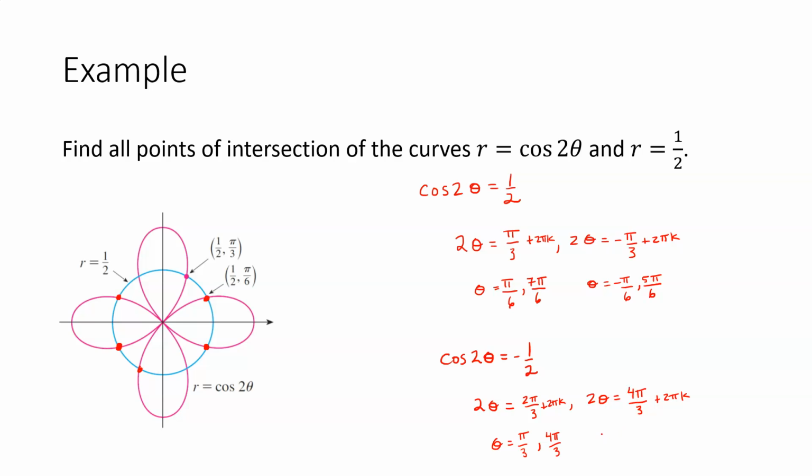We divide by 2, we get theta is 2 pi over 3. And then adding pi, we get 5 pi over 3. Okay, and that gives me the remaining angles here, pi over 3, 4 pi over 3 down here, 2 pi over 3 up here, and 5 pi over 3 down here. So we see that that gives us all the points of intersection that we observe in the picture.